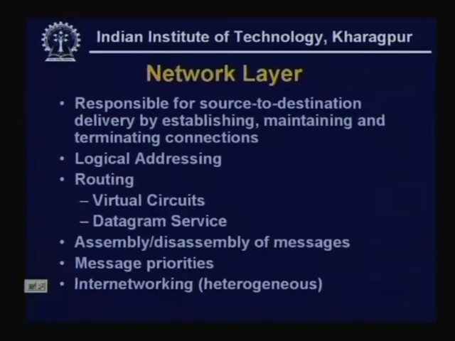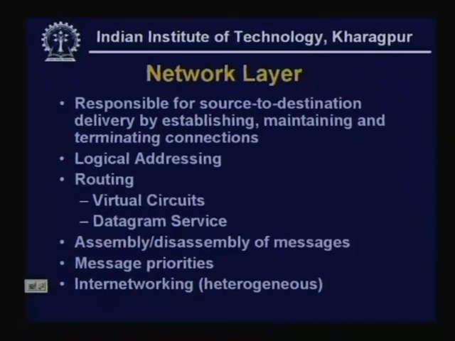Then we have the network layer. These are the functions performed in the network layer. The network layer is responsible for source to destination delivery by establishing, maintaining and terminating connections, and it will deal with logical addressing. As we shall see, as part of the frame we have to put source address and destination address.